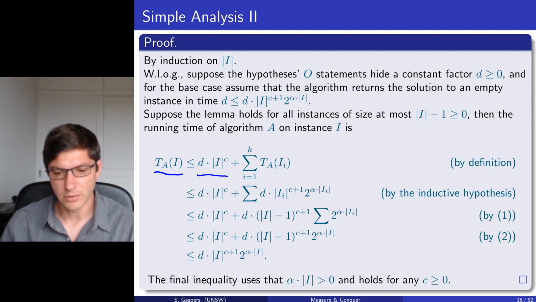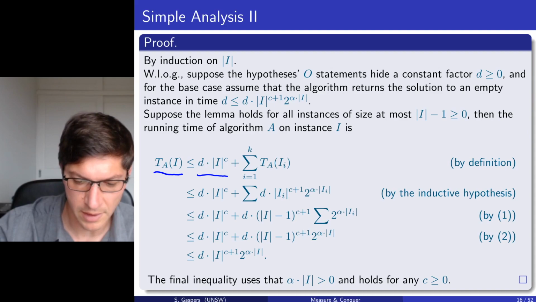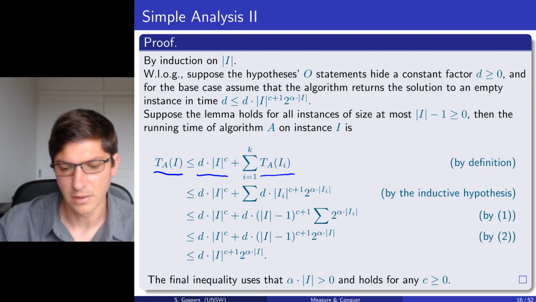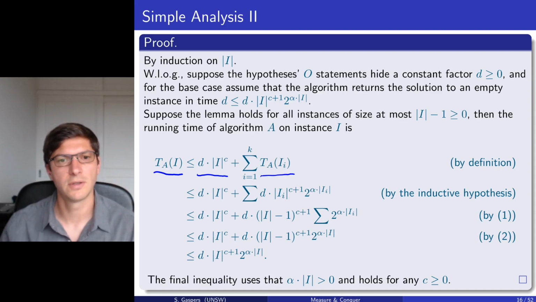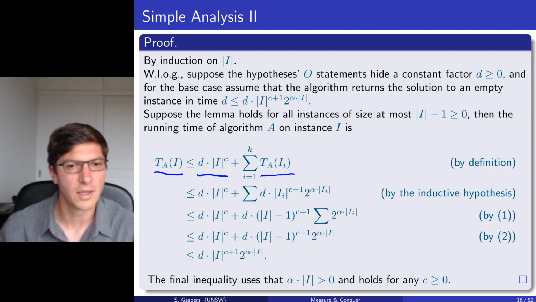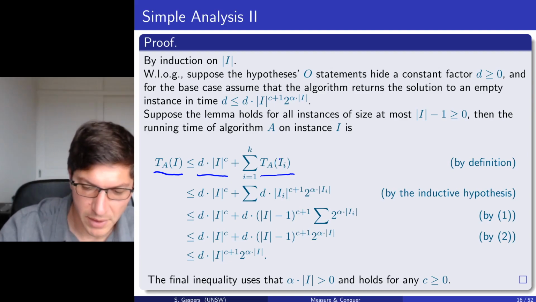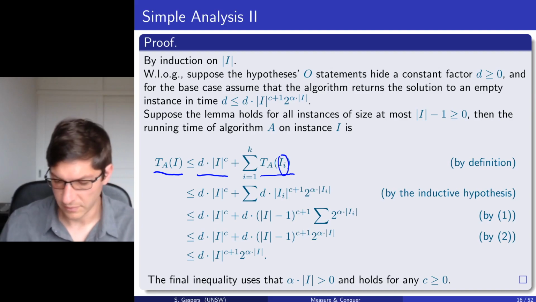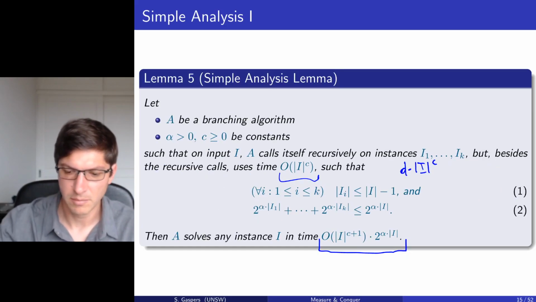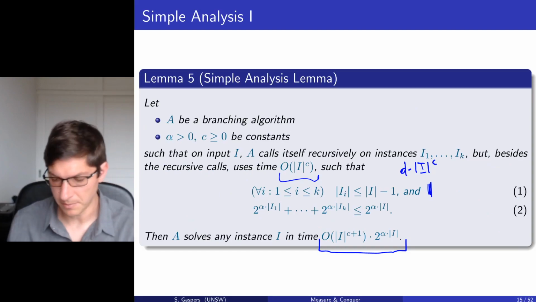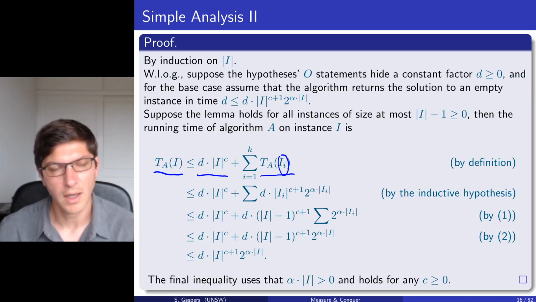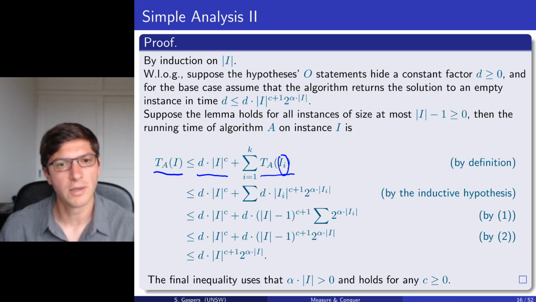And for the recursive calls, well, it uses time t sub A of I sub I for recursive call number I. Okay, so because I sub I is smaller than I by condition number 1 here, we know that we can use our inductive hypothesis.